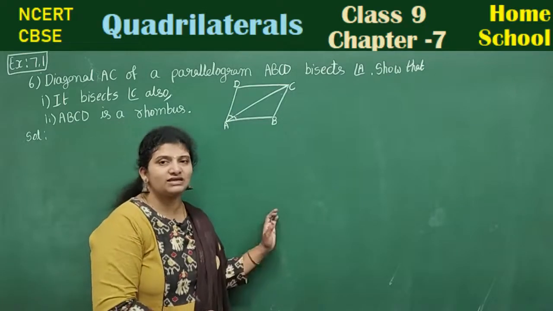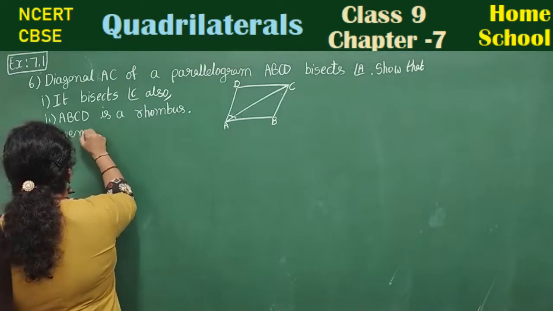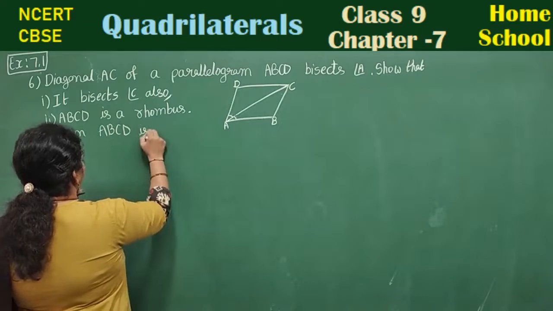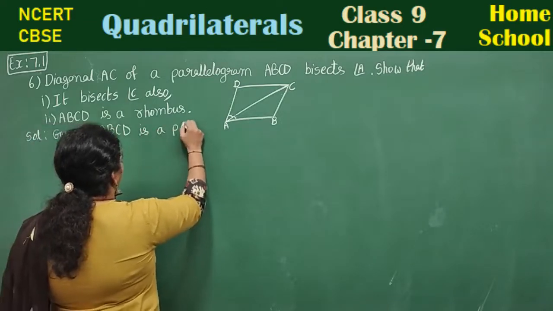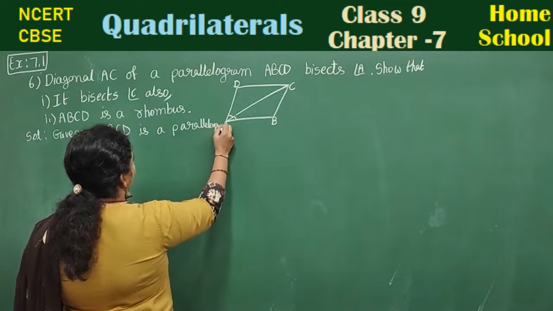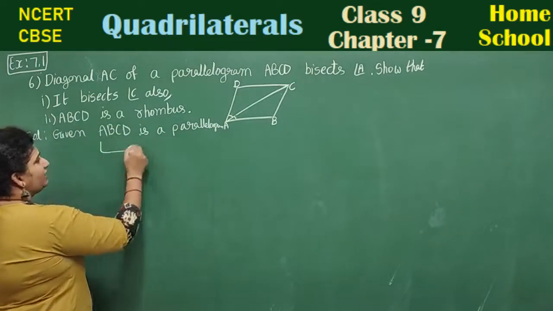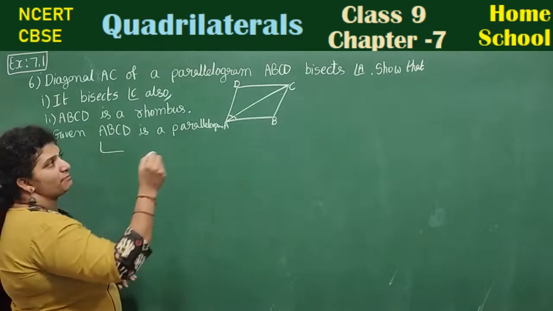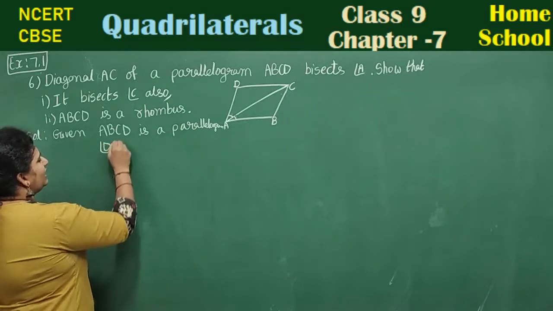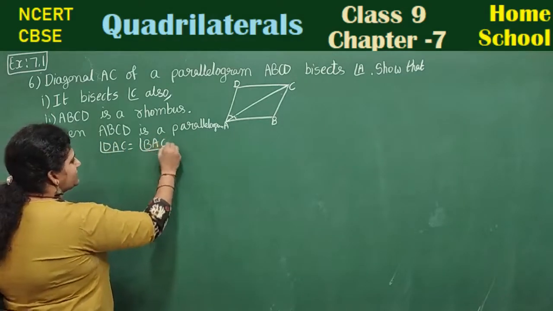Okay, let's start our solution. Given: ABCD is a parallelogram. And what did they give here? Angle A is bisected. That means angle DAC is equal to angle BAC.